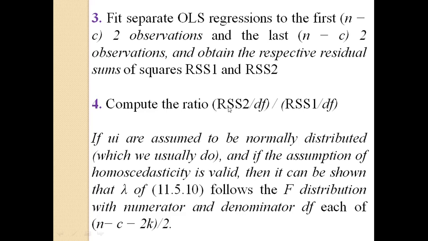That is RSS2 divided by its df, the degrees of freedom, divided by RSS1 by its df, the residual sum of squares of model 1 divided by the first model's degrees of freedom.